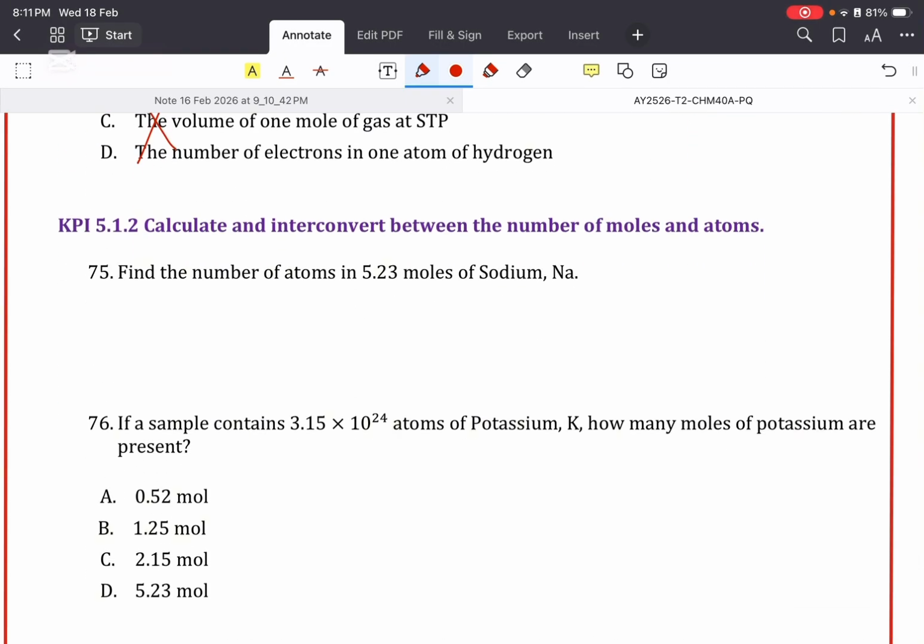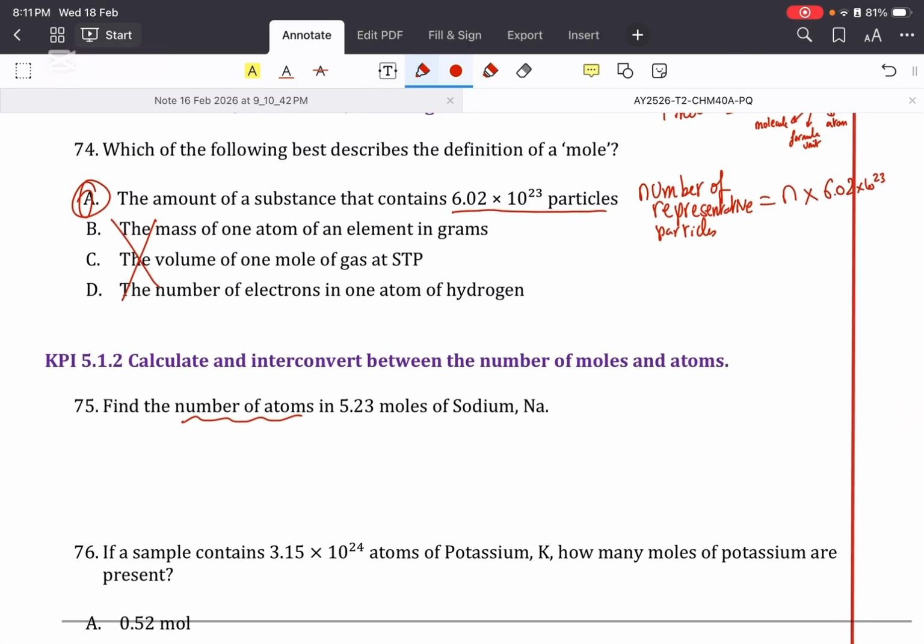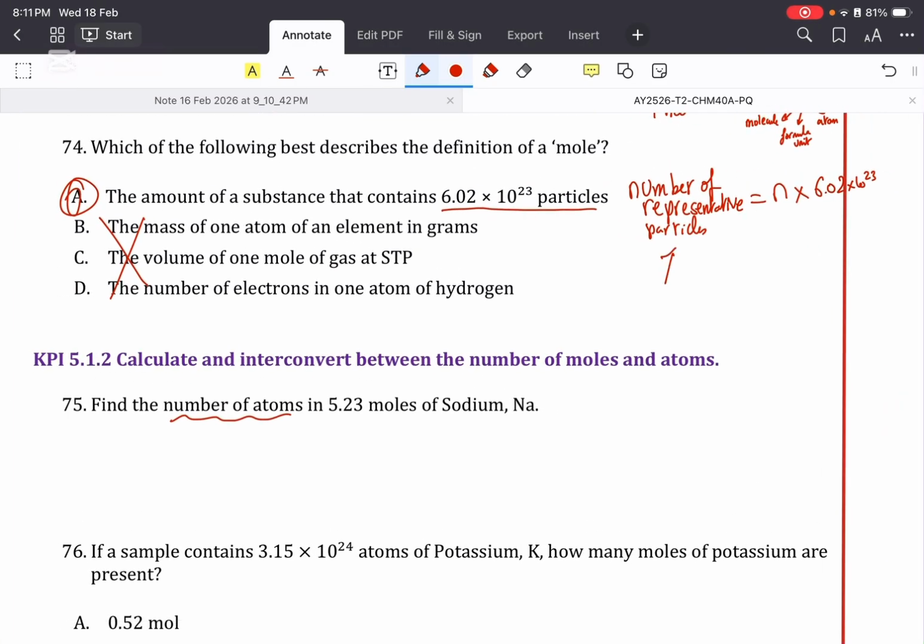Now, calculate the number of atoms found in 5.23 moles of sodium. So they want us to find the number of atoms. Atoms means representative particles.